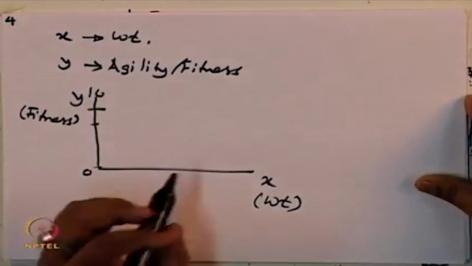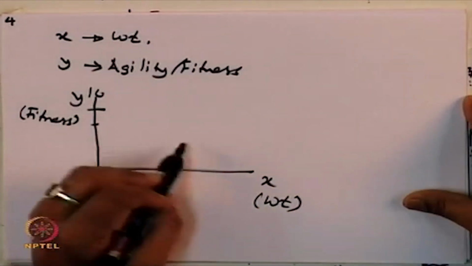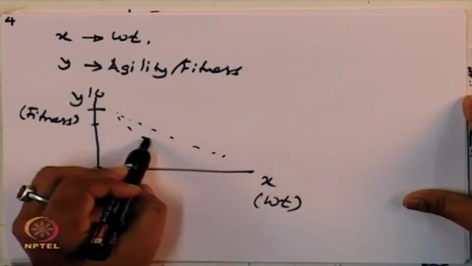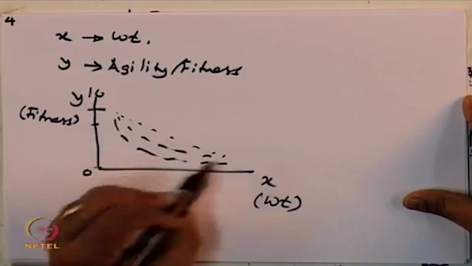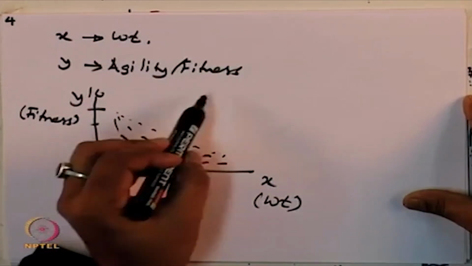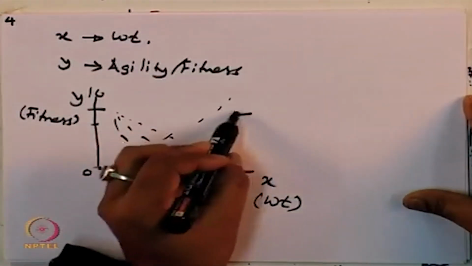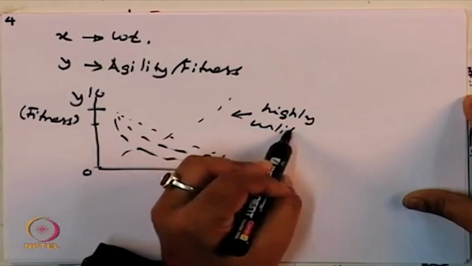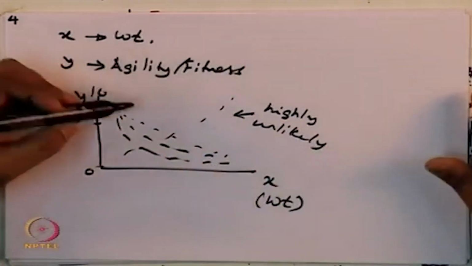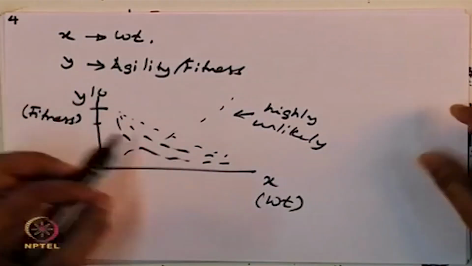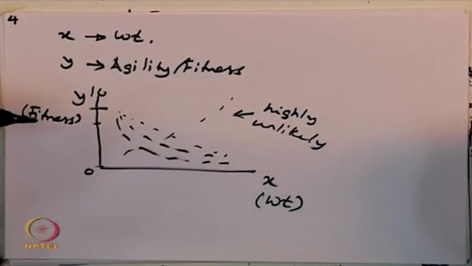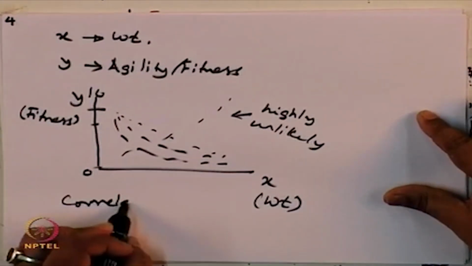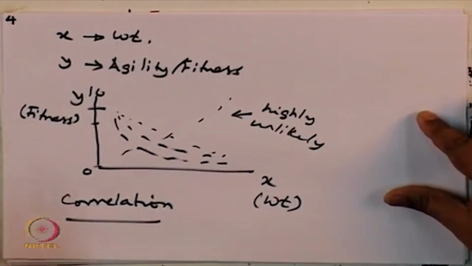You would expect that as weight drops, you can expect a curve like this, or a curve like this, but it is highly unlikely that you will have a curve like this. This is highly unlikely from a physical point of view. So the object of this exercise is to correlate these two particular behaviors, and this is how it is chosen in the principle of correlation.